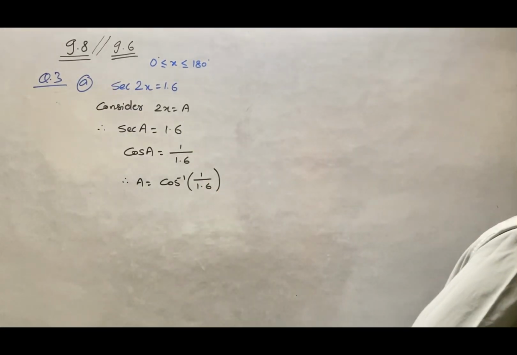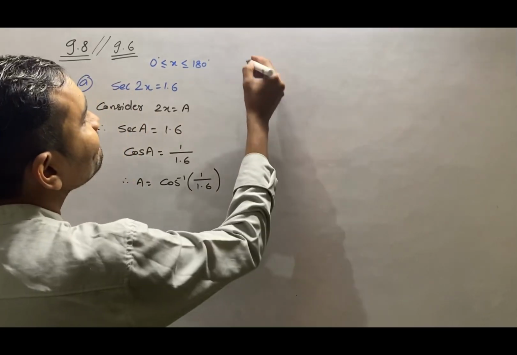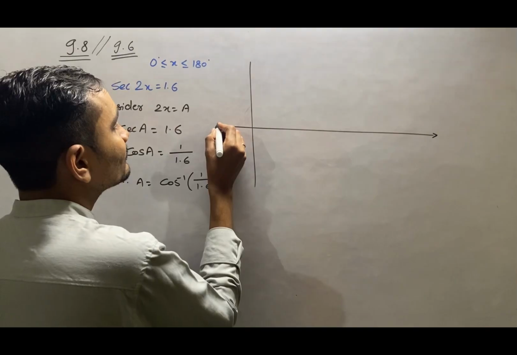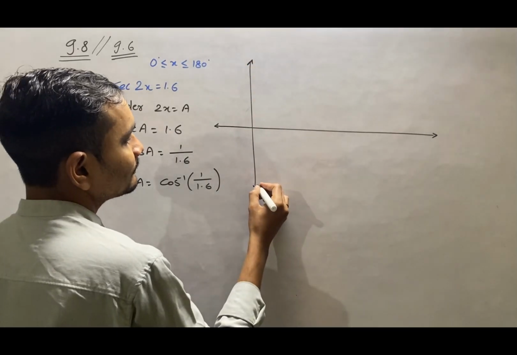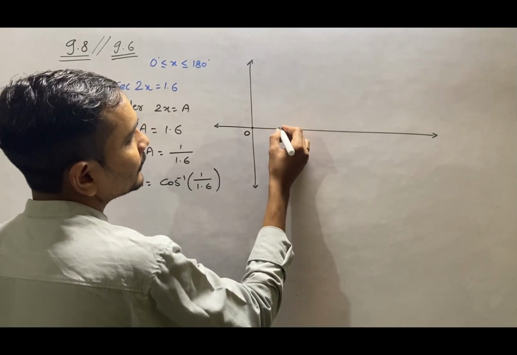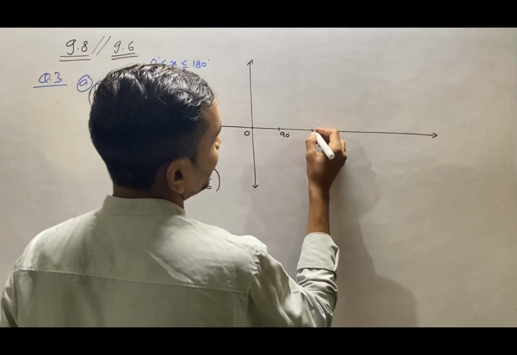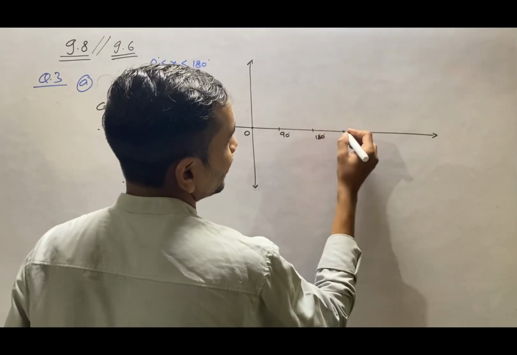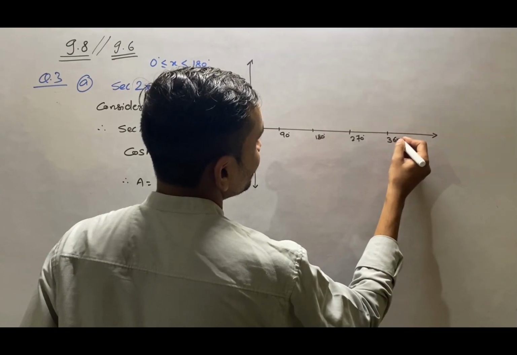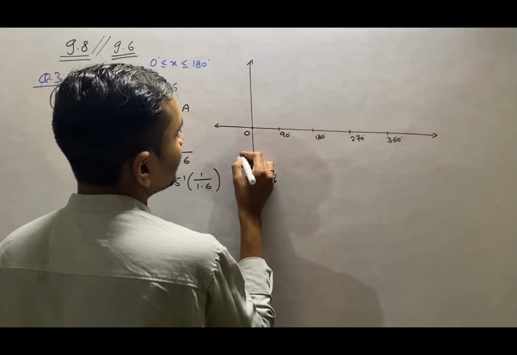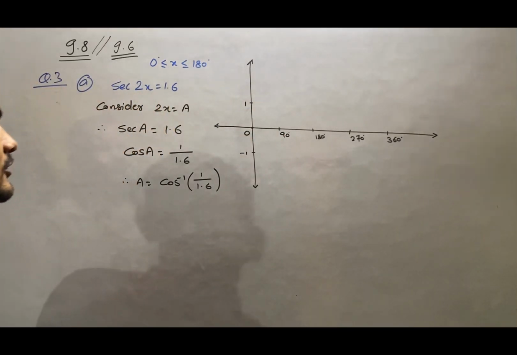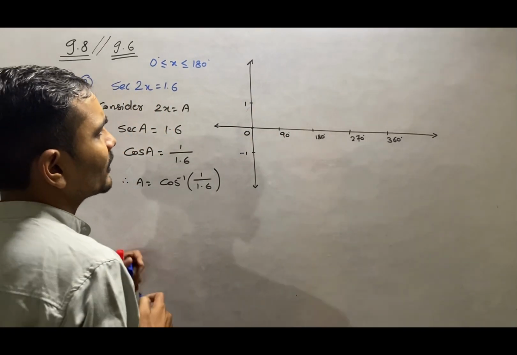Again, we have to draw a graph. This time we will write degrees: 180, 270, and 360; values negative 1 and 1. We already plotted this graph before.